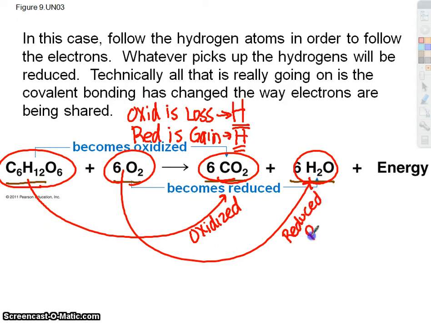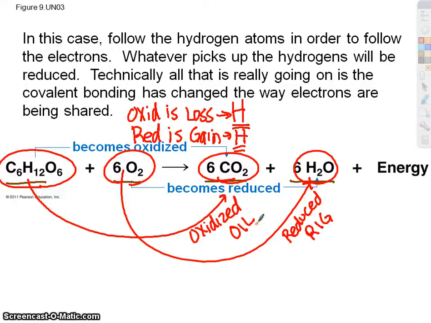Reduction is gain. And so that's our reduced. So if you don't see charges, just follow the hydrogens. The one that loses hydrogens is oxidized. The one that picks up hydrogens is reduced. If it gains, it's reduced.